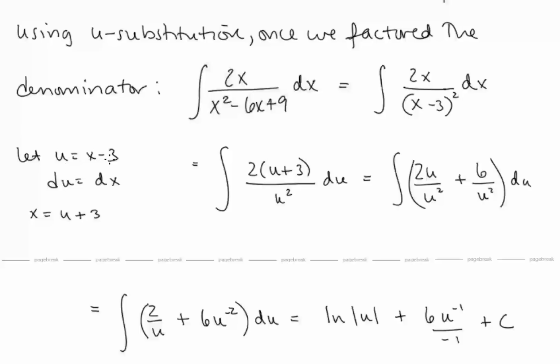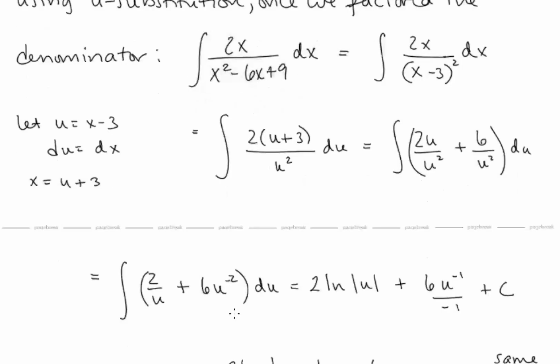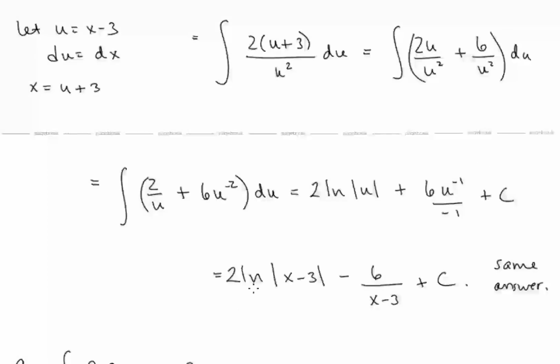If u is equal to x minus 3, then x is equal to u plus 3. And so here we have 2u plus 6 in our numerator, and we can break that into two separate fractions, 2u over u squared plus 6 over u squared. Simplifying here, we have 2 over u, and this is 6u to the negative 2, and integrating, we get the same answer we had above.